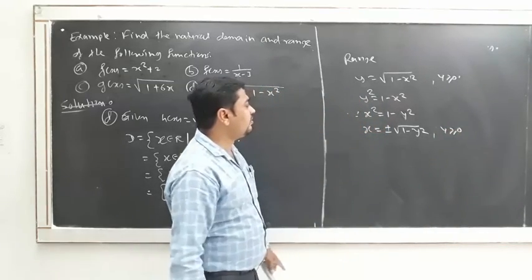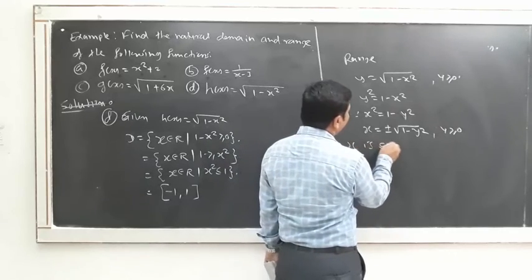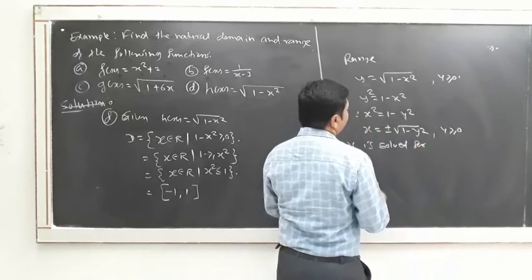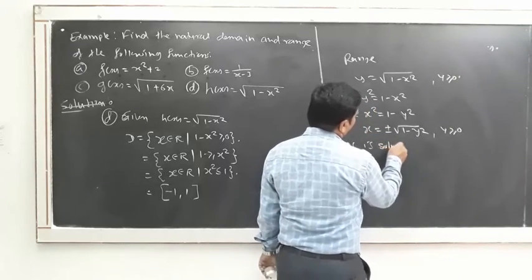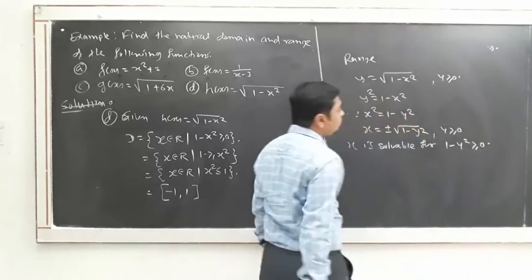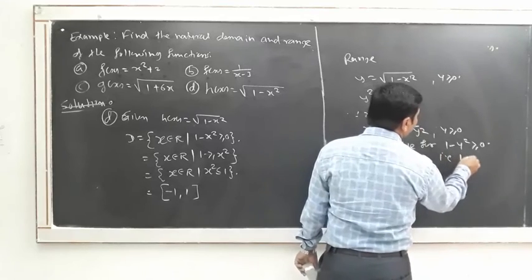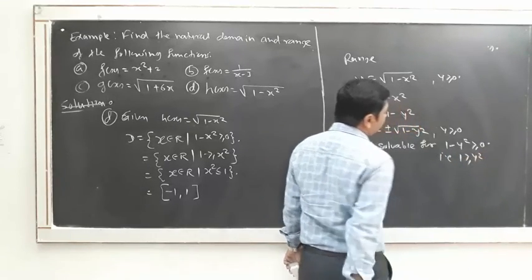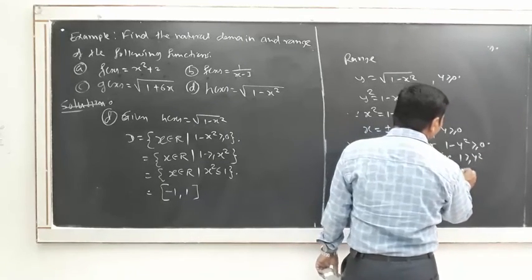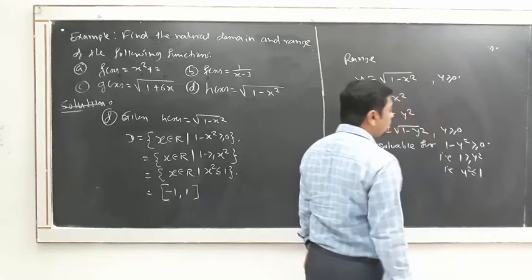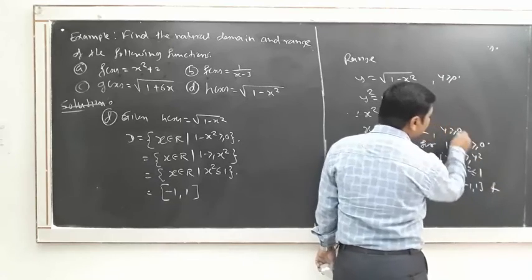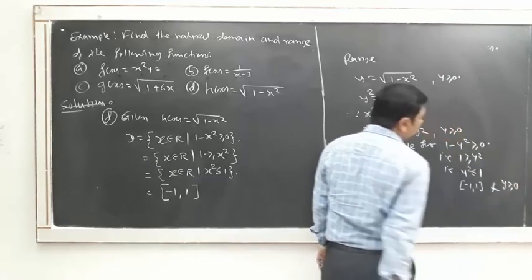So x is solvable for 1 minus y square greater than or equal to 0. That should be written as 1 is greater than or equal to y square, and this is nothing but y square less than or equal to 1, and it is minus 1 to 1, and here is one more condition, y is greater than or equal to 0.